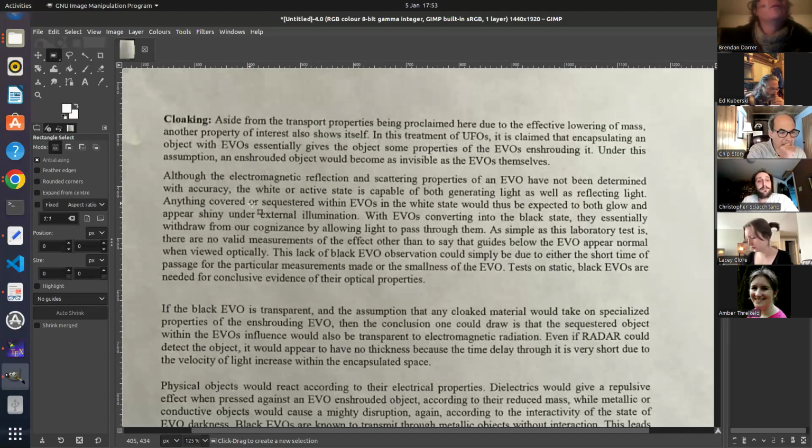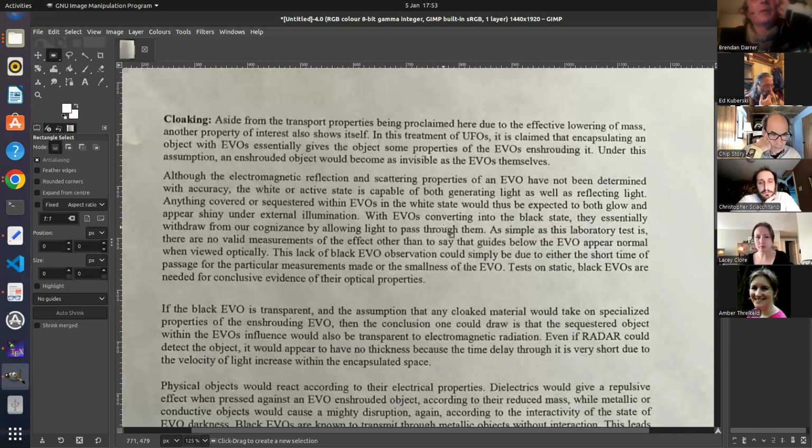Anything covered or sequestered within EVOs in the white state would thus be expected to both glow and appear shiny under external illumination. With EVOs converting into the black state, they essentially withdraw from our cognizance by allowing light to pass through them.